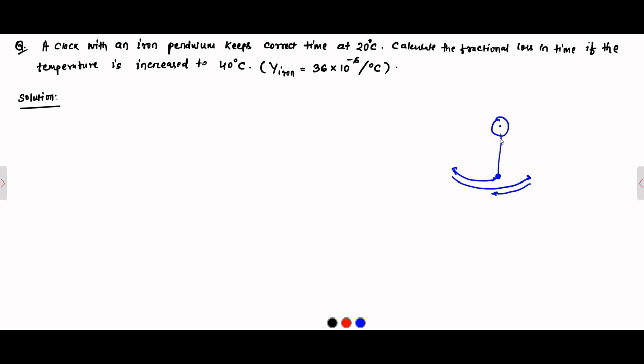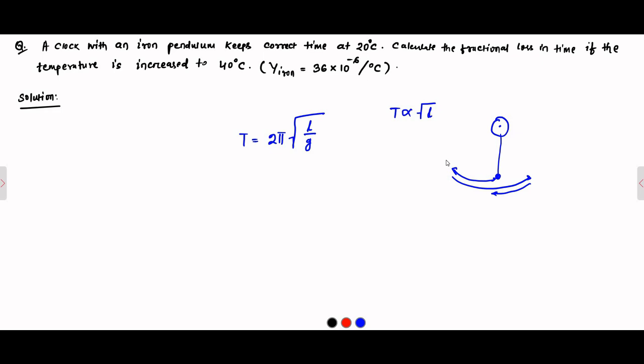So the time period of this oscillation, for the simple pendulum, is given by 2 pi root over L by G. Here acceleration due to gravity and pi are constant, but the time period is directly proportional to the square root of the length.